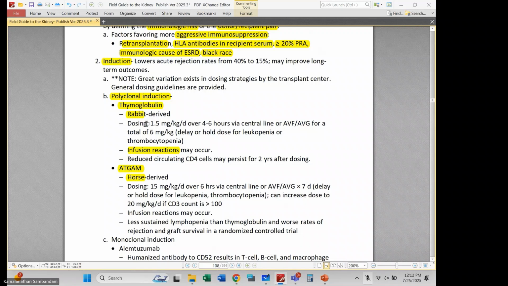Okay, so the dosing is typically 1.5 mg per kg.